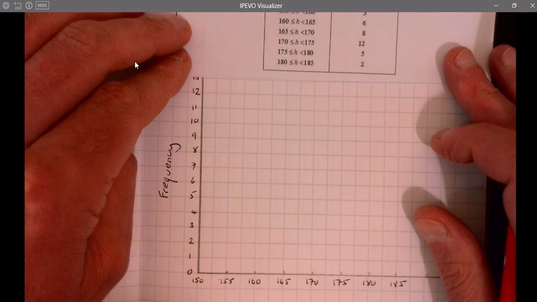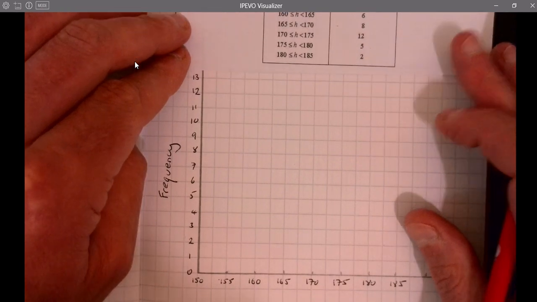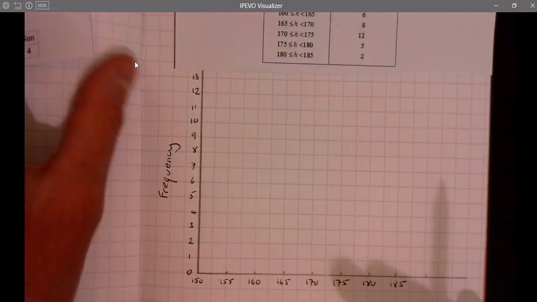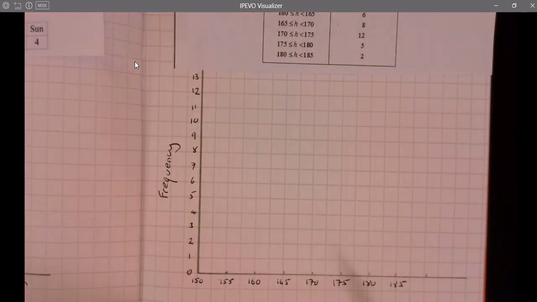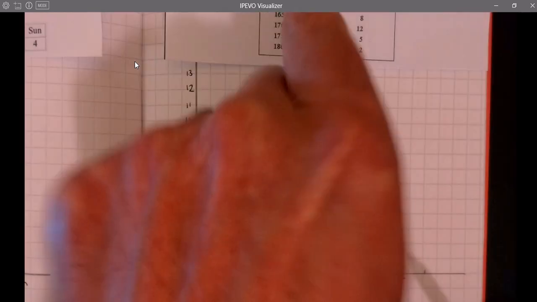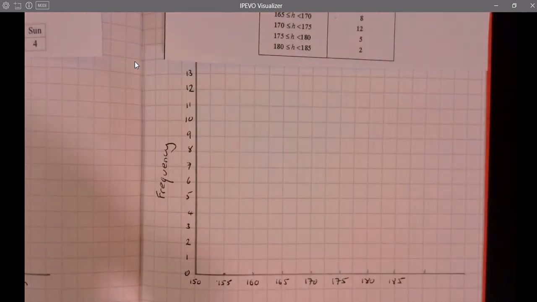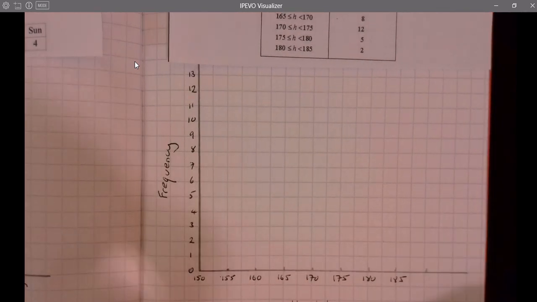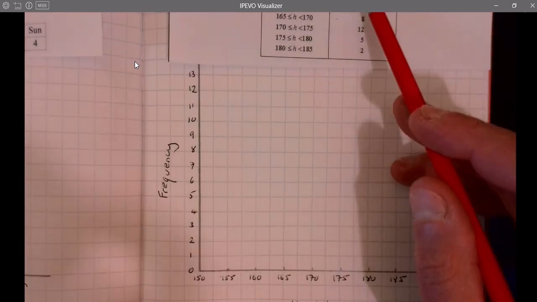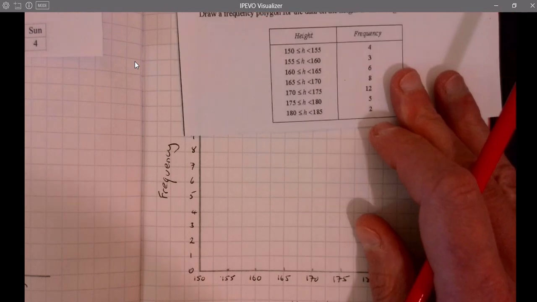Now, where do we plot these? Remember, it doesn't really make too much sense to do a bar chart here, although I could kind of get away with it because all of these intervals are the same. The more sensible thing to draw is a frequency polygon. So 4, where do I plot it? Sorry, let me move it so you can see.